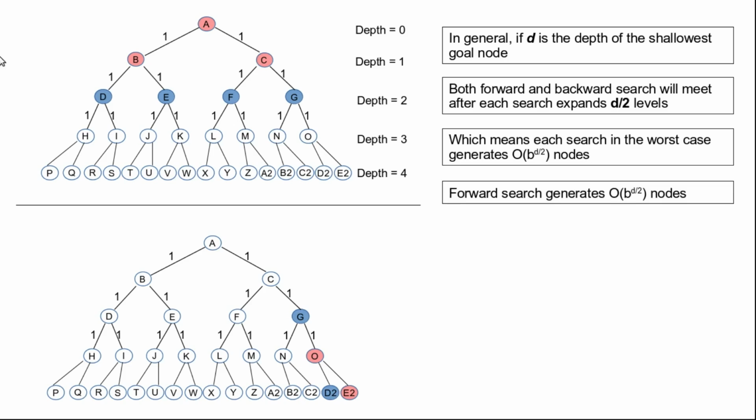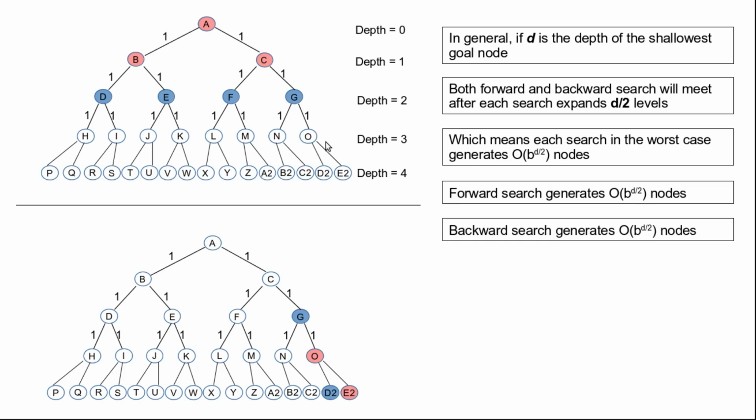So when we say each search in the worst case generates O(b^(d/2)) nodes, it means that the forward search will generate O(b^(d/2)) nodes, and the backward search will also generate O(b^(d/2)) nodes.